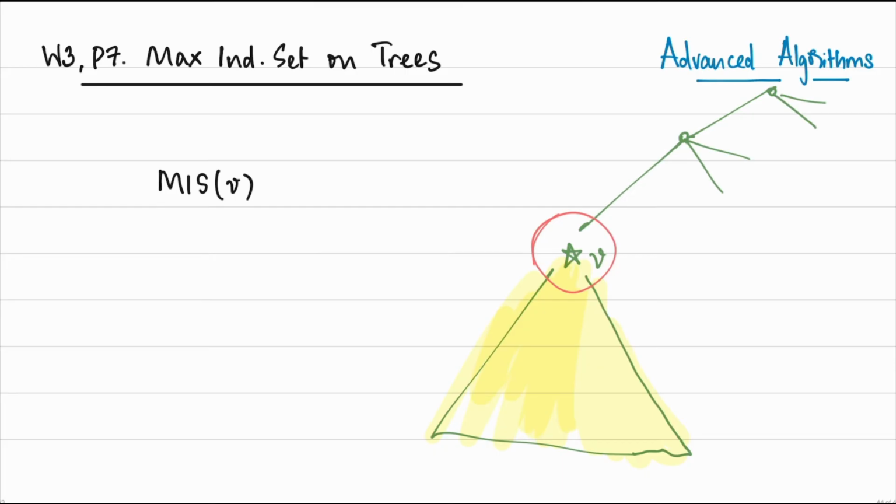So what do you think happens when the optimal solution does not contain the vertex V?